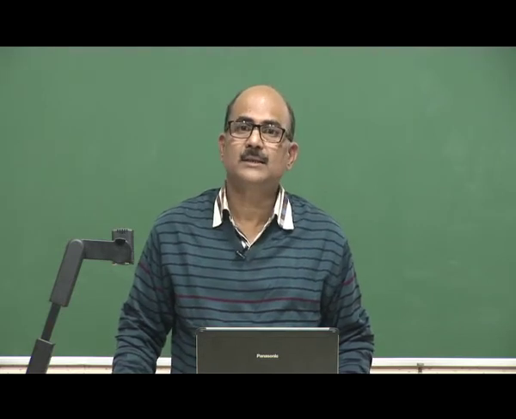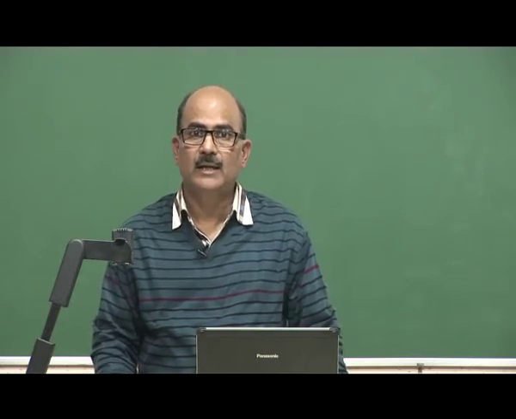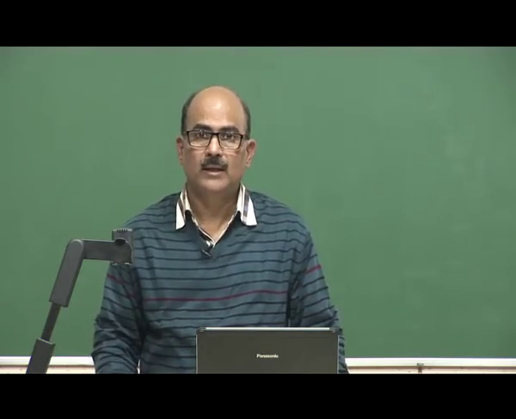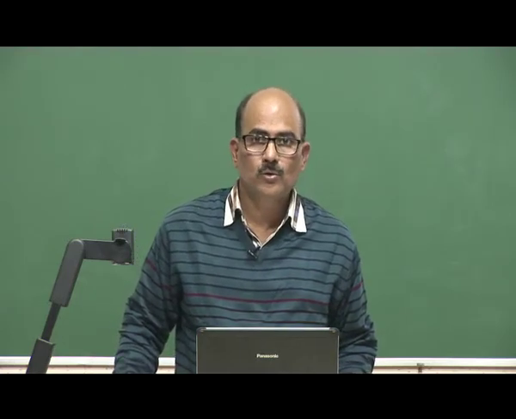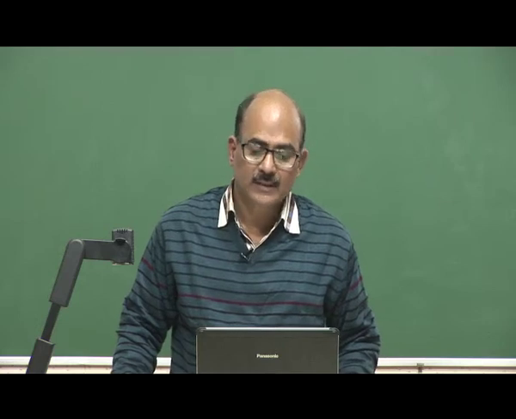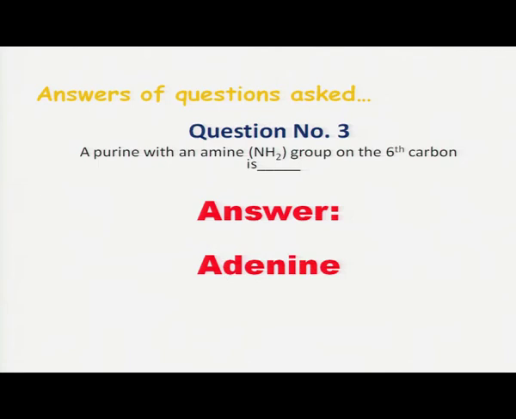We have already discussed the chemical name of adenine and of guanine. If you remember the chemical name of adenine, you can easily answer this question. The chemical name of adenine is 6-aminopurine. So, at the 6th carbon position the amino group is present. So, the answer will be adenine, which is a type of purine.